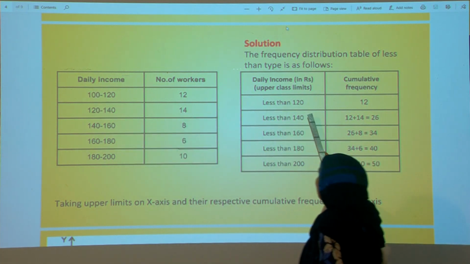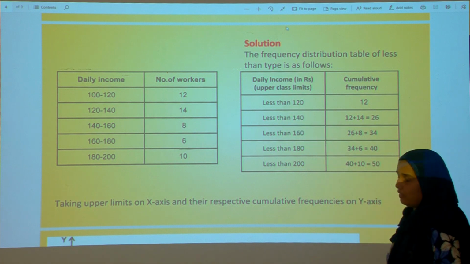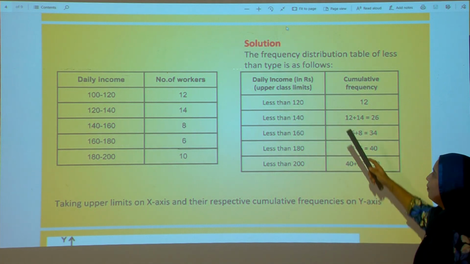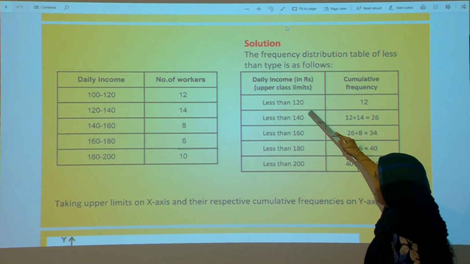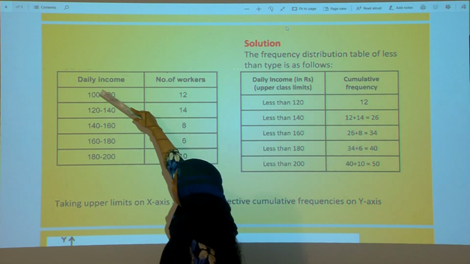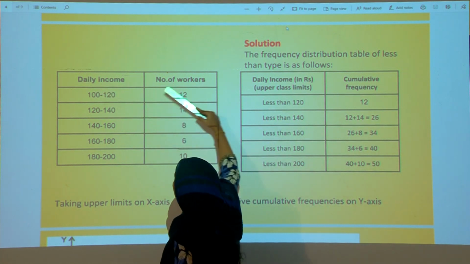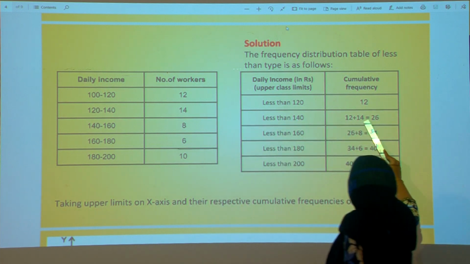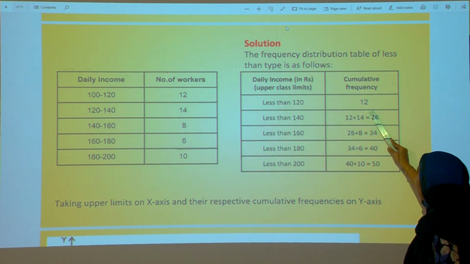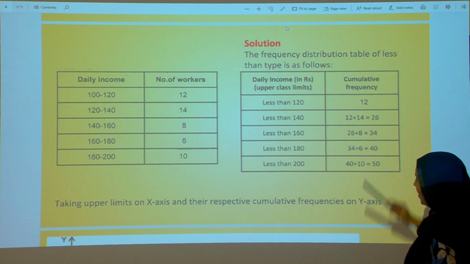Then only we get the cumulative frequency till 140. That is, we want to add 12 plus 14. We get 26. So the second cumulative frequency is 26.